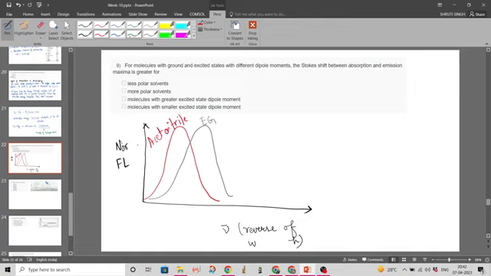Then there was one spectrum for ethanol, and one for water.